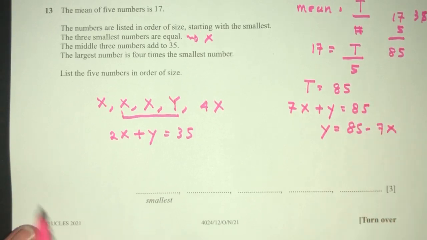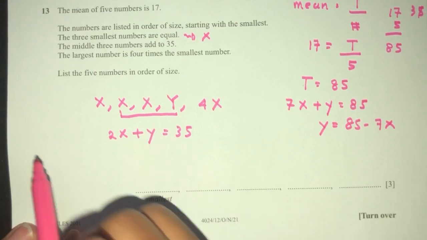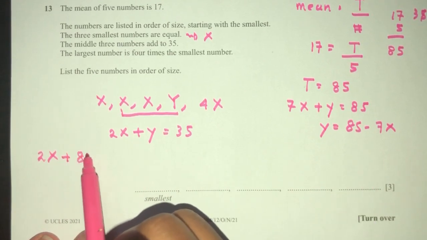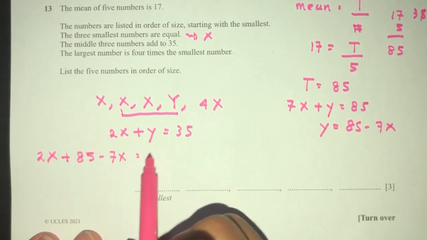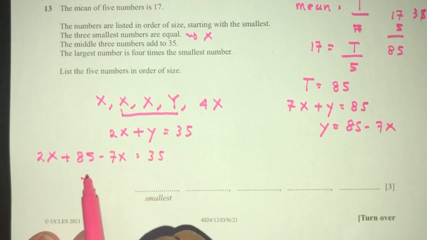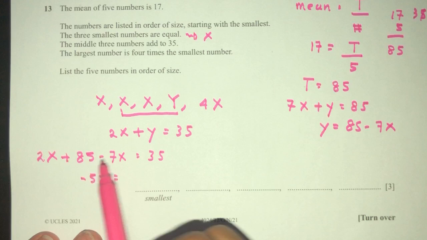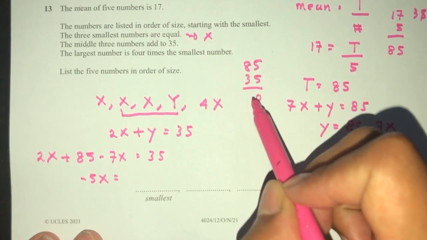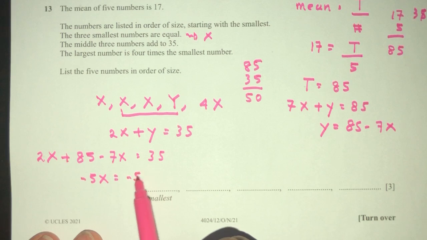Let's replace here. You will have 2x plus y, where y is equal to 85 minus 7x, is equal to 35. Now 2x minus 7x will be minus 5x is equal to 35 minus 85. 35 minus 85 will be minus 50.